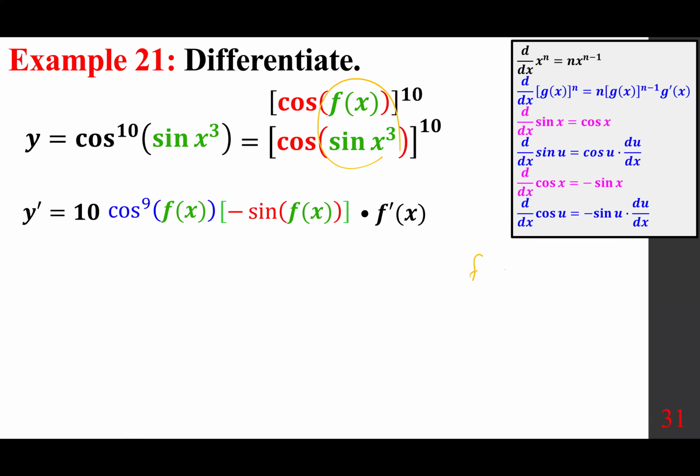F of x is sine x cubed, and I'm going to again say sine. So f prime is sine becomes cosine. Cosine of what? The same thing. Is this x? No. You need the derivative of that.